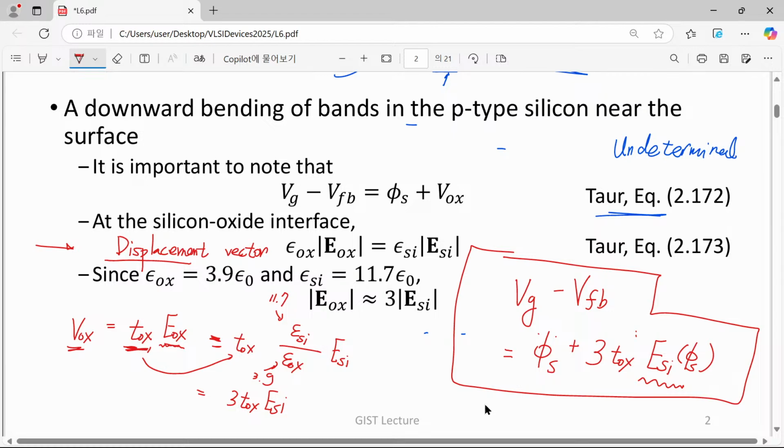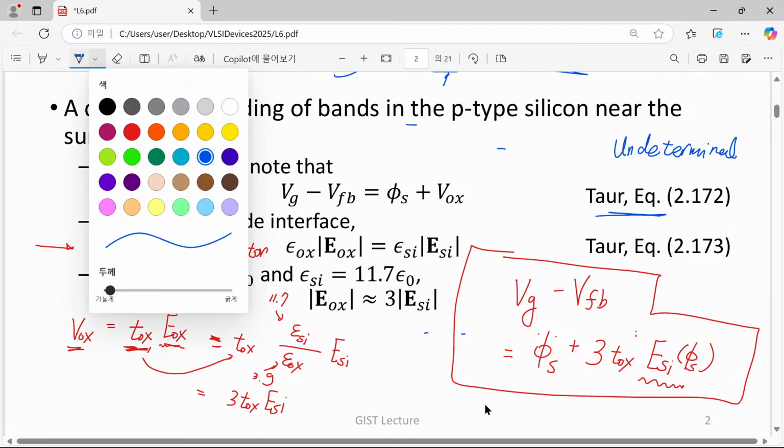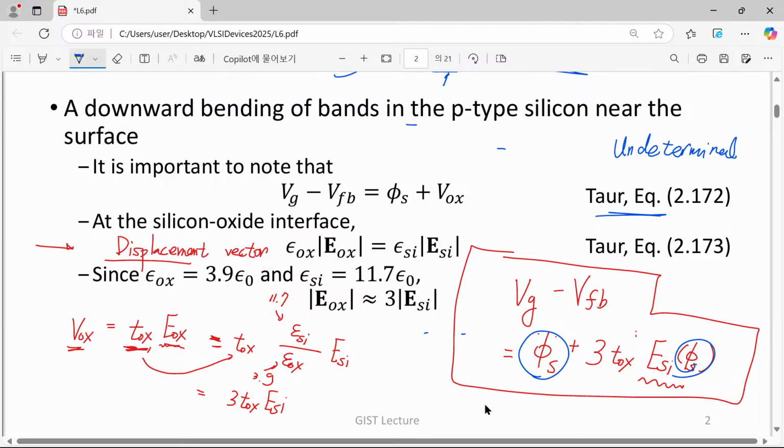What is that unknown variable? As you can see here, this is surface potential. That's the point. So how can we analyze this MOS system electrically? That is nothing but just applying the MOS equation. The MOS equation is nothing but dividing the overall band bending into region-wise parts, and the key is finding out the relation between surface electric field and surface potential.